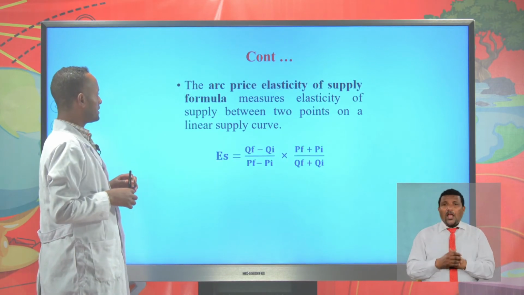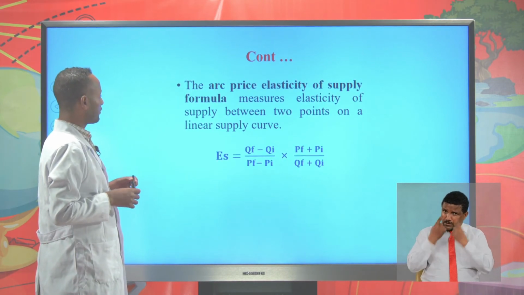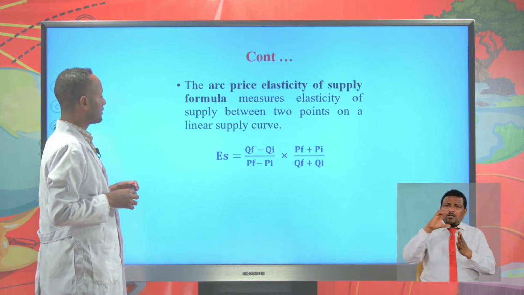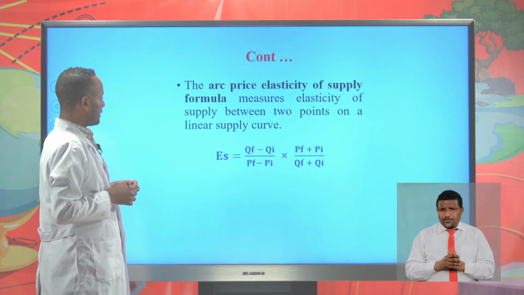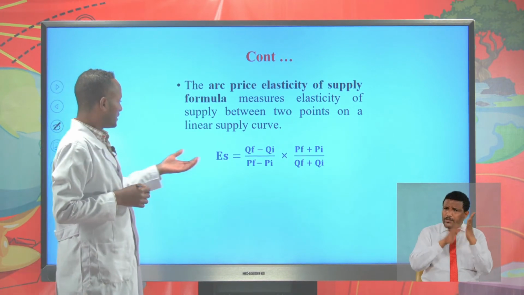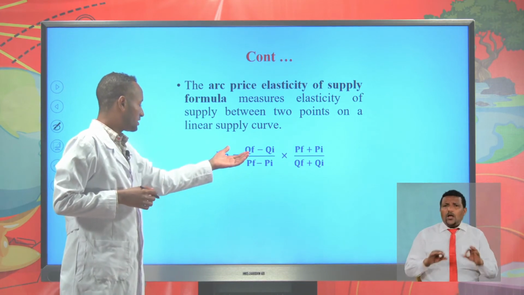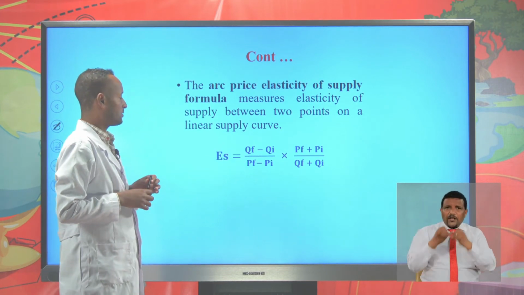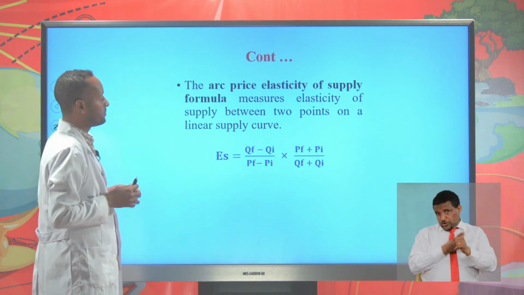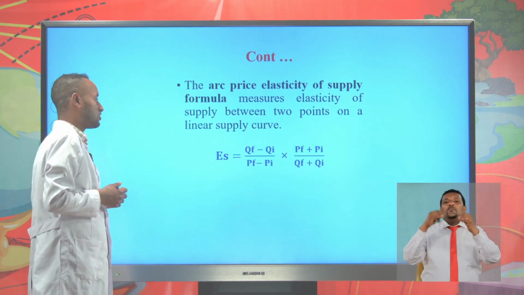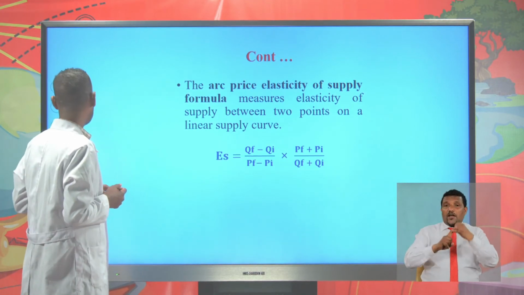Now let's see the way of calculating it using the arc formula. It is calculated using this formula: quantity final minus quantity initial, divided by price final minus price initial, multiplied by price final plus price initial, divided by quantity final plus quantity initial.